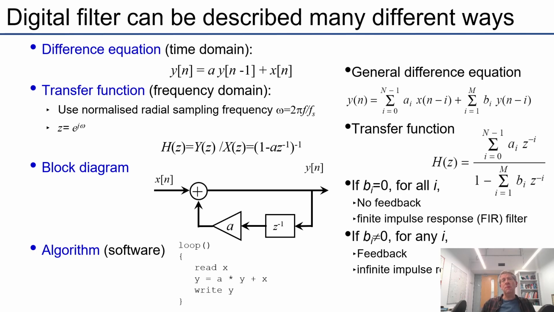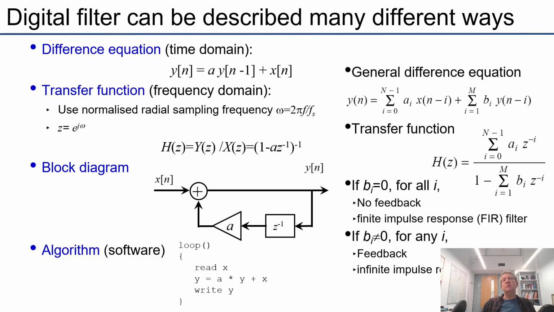It can also be equivalently represented in the frequency domain via what's known as a transfer function. So essentially for all possible frequencies in the signal, how are they modified in terms of amplitude and phase when being passed through the system? Equivalently, you can represent either difference equation or transfer function as a block diagram, and you can also write it as a simple algorithm.